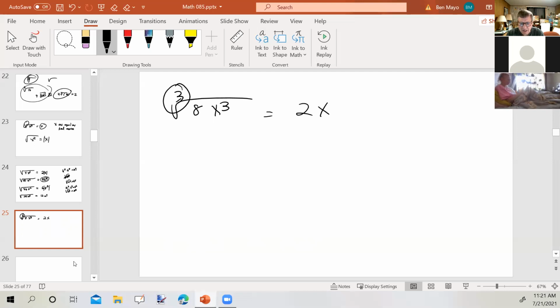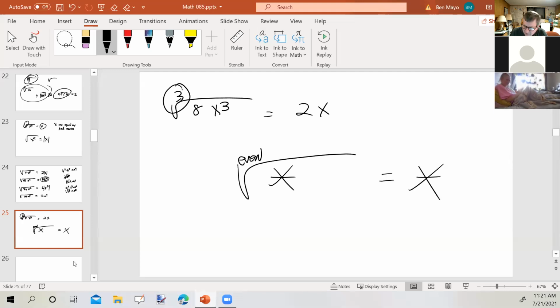You can't take an even root of a negative number and get a real answer. When you do take an even root of a positive number or 0, you can't get a negative answer. If this is even, this can't be negative, and this can't be negative.